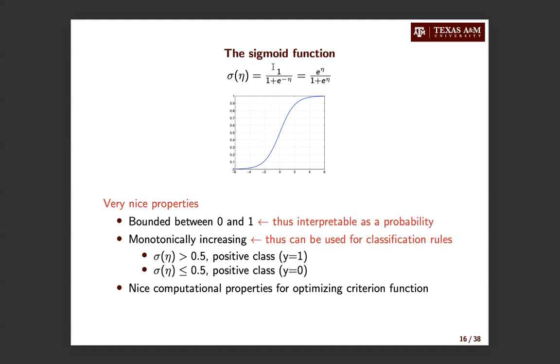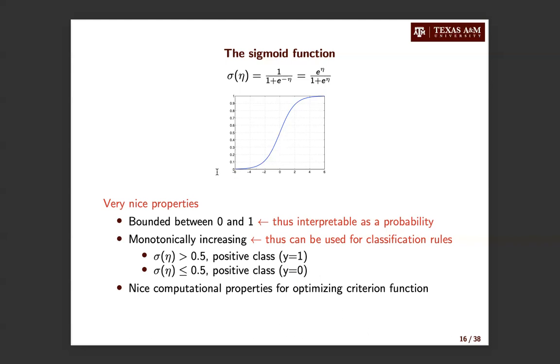This is a definition of the sigmoid function, and this is how the sigmoid function can be plotted. We can see again that when our input is 0, then the output of that sigmoid function is 0.5.